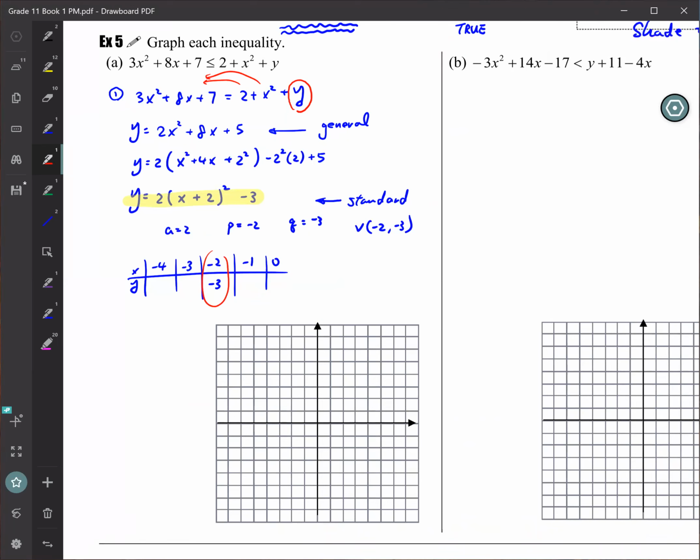I will plot the points on the grid now. The vertex, negative 2, negative 3, is right here.